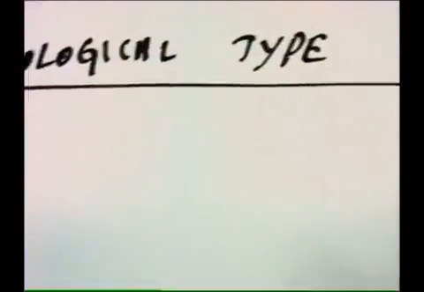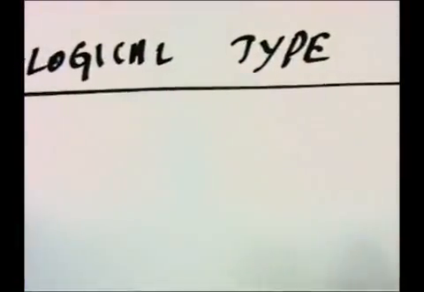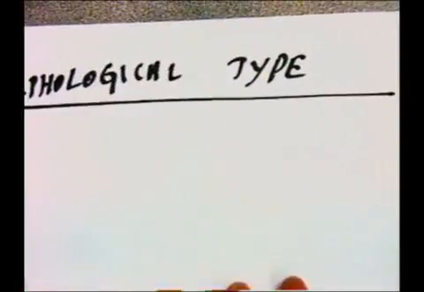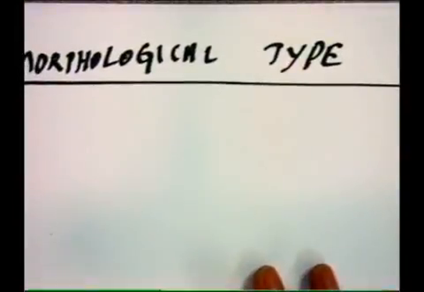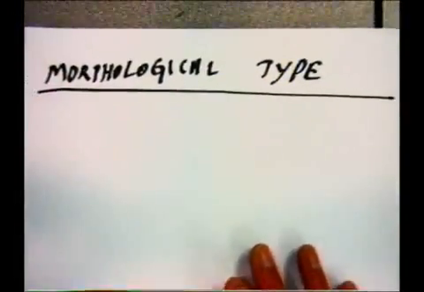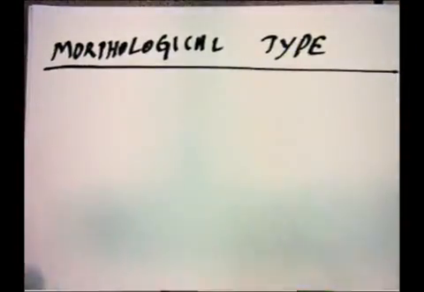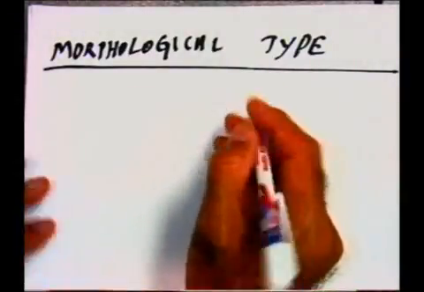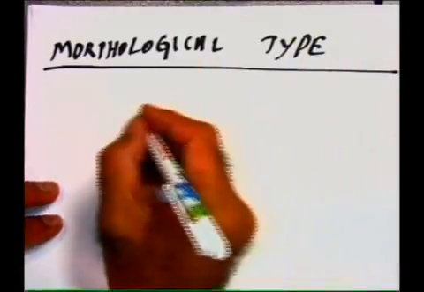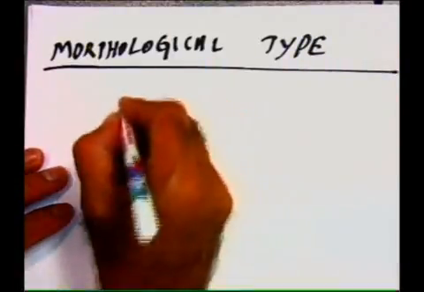See the morphological types. I'm going to do this for all these tissues: for squamous, cuboidal, and columnar epithelial cells, I'm going to classify the morphological types, how the cells look.